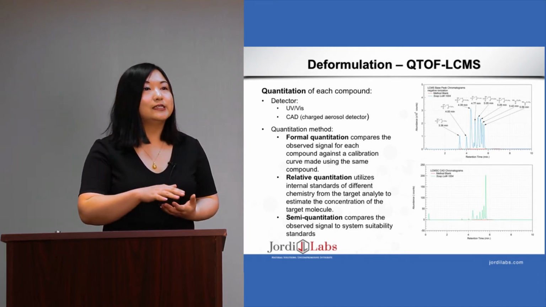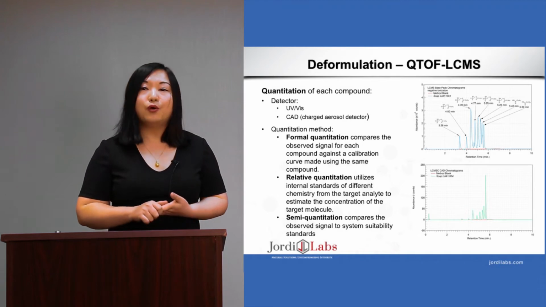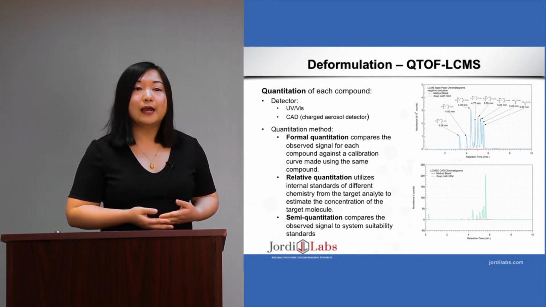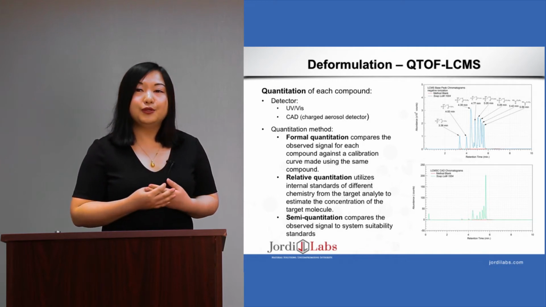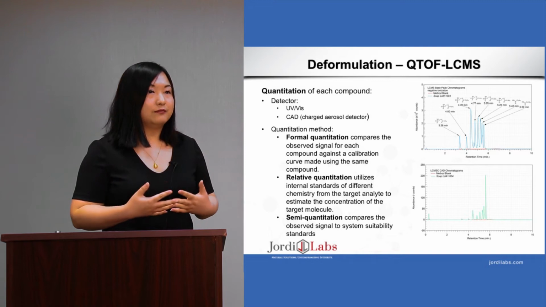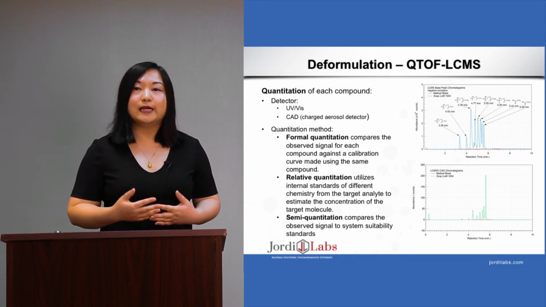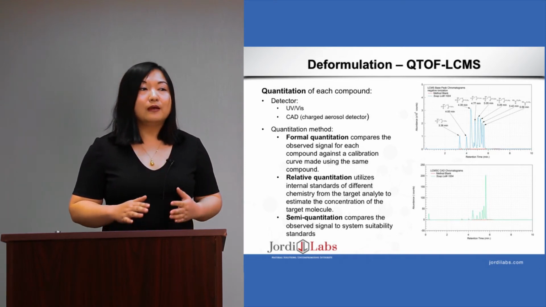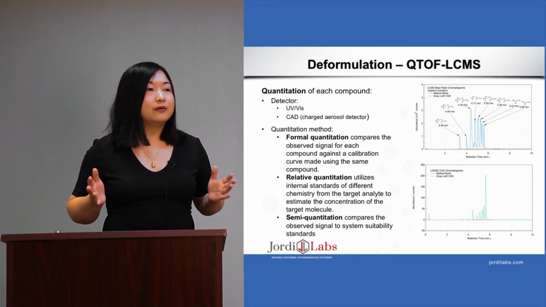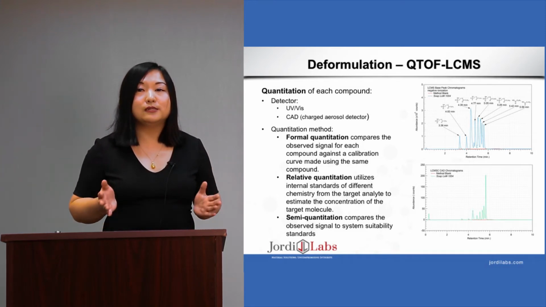We also do relative quantitation, which has slightly lower accuracy, where we use internal standards to generate the calibration curve. And semi-quantitation has the lowest accuracy, but you can quantify a very good number of compounds in one single analysis.